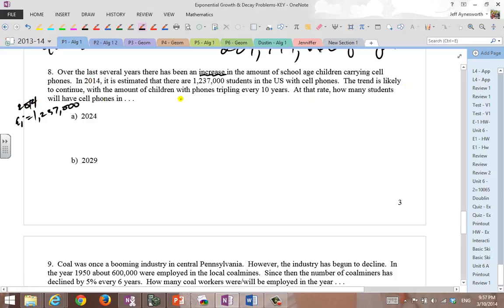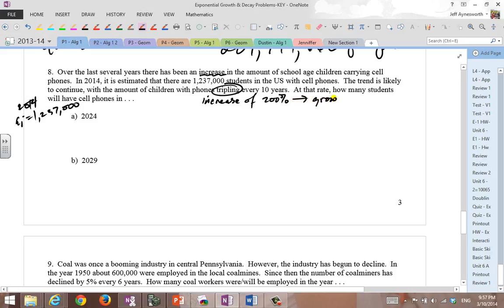The trend is likely to continue, and the amount of children with phones is tripling every 3 years. Tripling. Okay, that means base 3, right? If it triples, it increases by 200%. So it's an increase of 200%, and that's the growth rate.